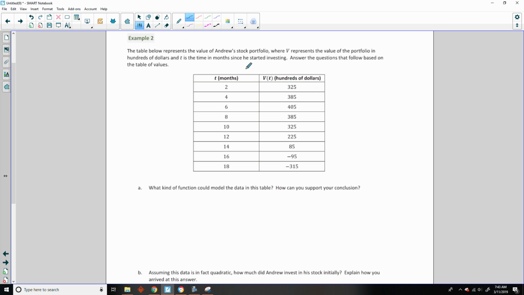Now, if we were to make a conjecture, it says answer the questions that follow based on the table of values. A, what kind of function could model the data in the table? Well, T is 2, 4, 6, 8, 10, 12, 14, 16, 18, continually increasing.